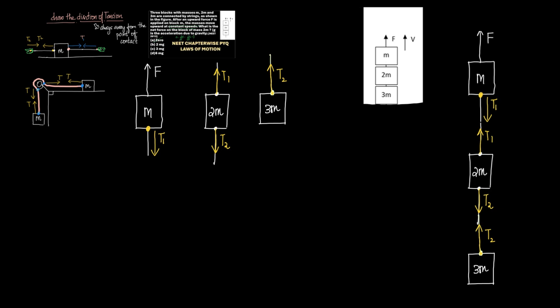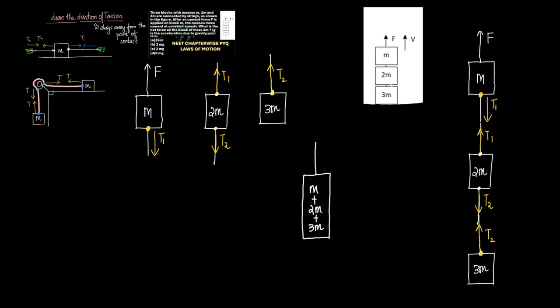Now we'll also draw the free body diagram for the complete set, which means it goes like this. Add the overall masses. What are the overall masses? M, 2M, 3M, right? So I'll replace this whole set of blocks with one big block, which measures M plus 2M plus 3M.